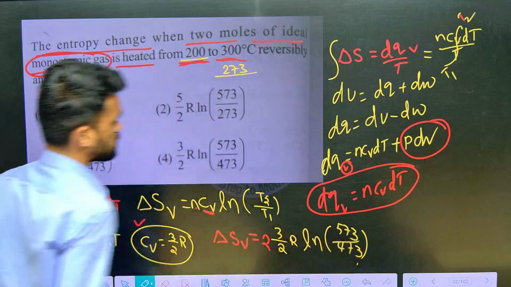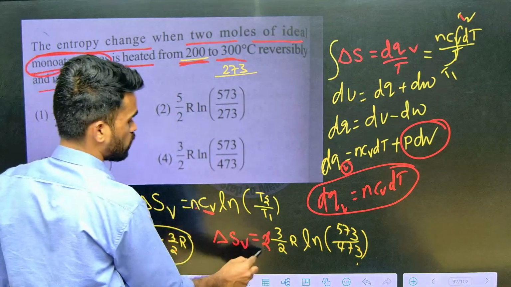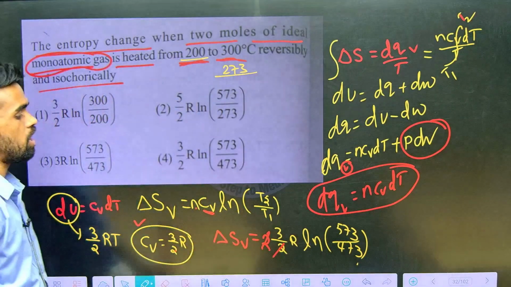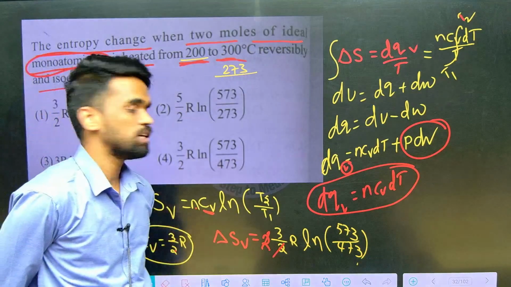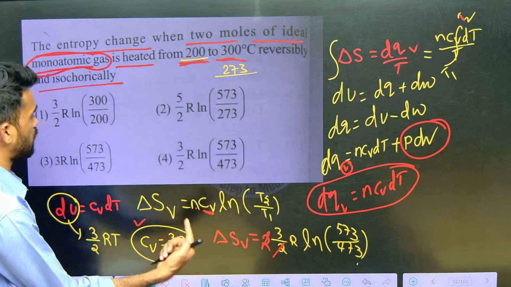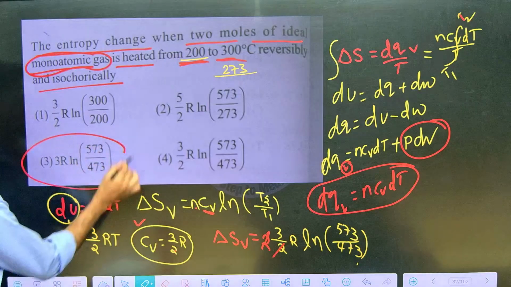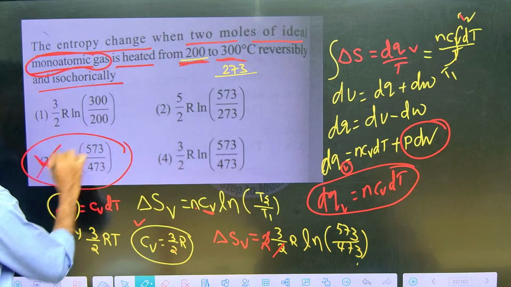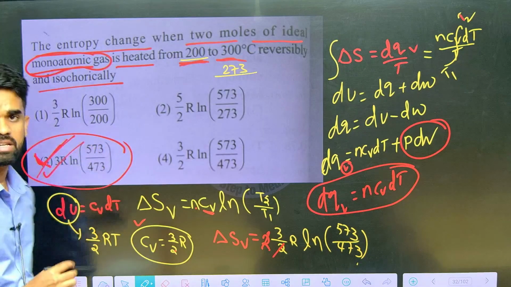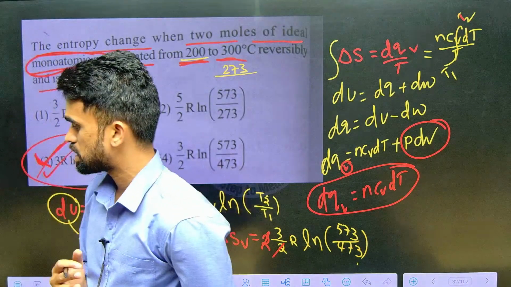So this is the final equation we are going to get, 3R ln T2 by T1. So where do we have 3R ln? Yes, option 3 is your answer. The third option is your perfect answer for this question.